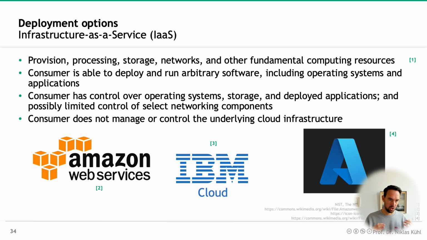That gives you a lot of control. However, you do not manage or control the underlying cloud infrastructure, meaning the hardware. And there are a bunch of cases for that, right? There's Amazon, there's IBM giving you these options, even Google, and a bunch more. So again, very much control, but you don't have the hardware.